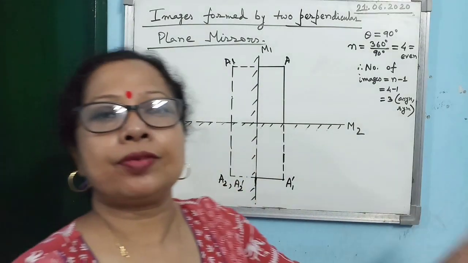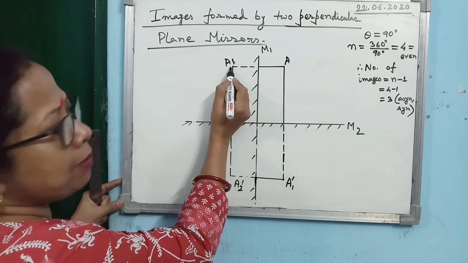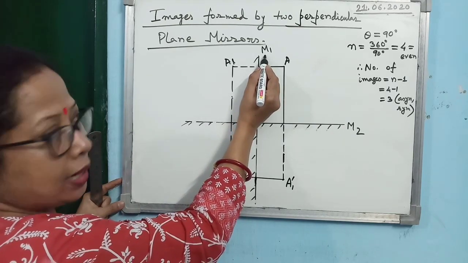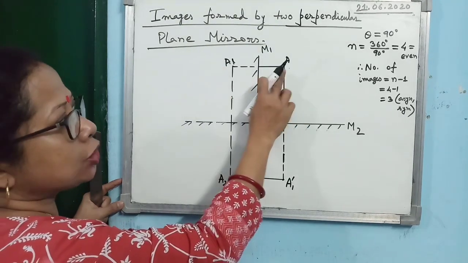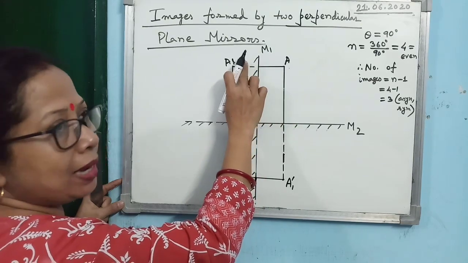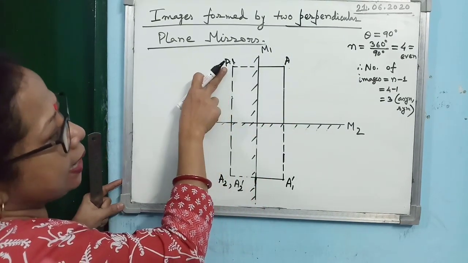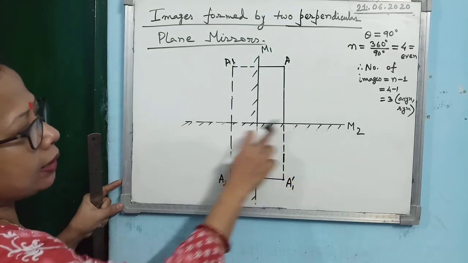Now you understand the physics behind it. You see, A1 is the image of the point A formed by mirror M1. What is A1? The image of A, formed by mirror M1. Now you see A1 is in front of M2. Look at the diagram.